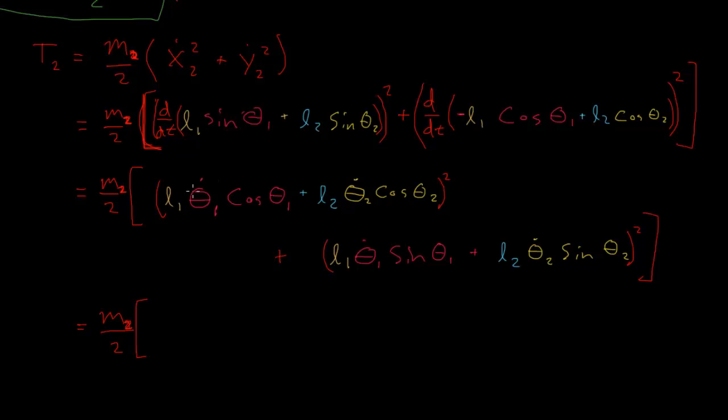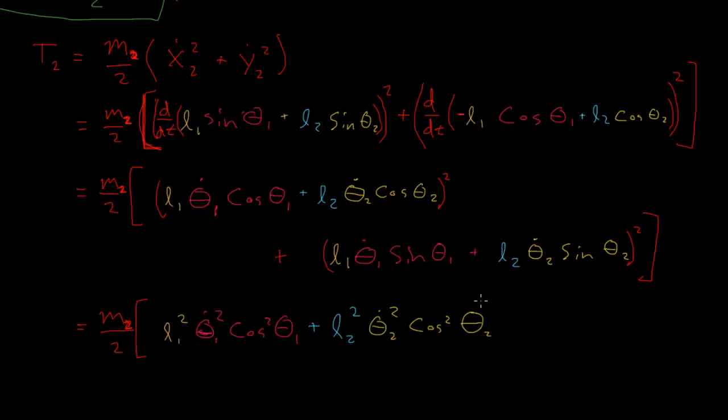So squaring this term, we'll do L1 squared times theta 1 dot squared, cosine squared theta 1, and then I'll square this term, plus L2 squared theta 2 dot squared cosine squared theta 2.